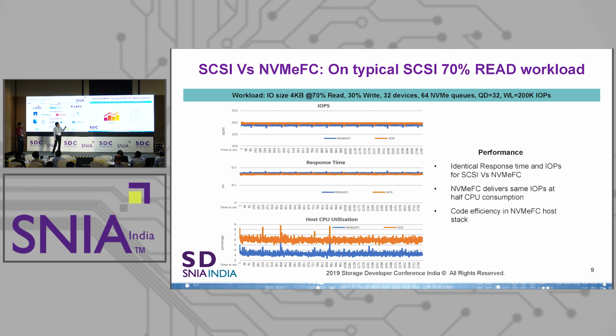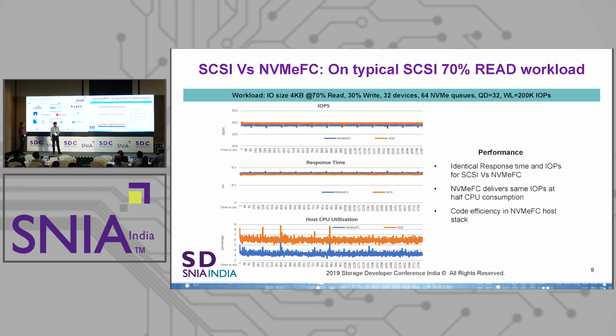In this slide I will show charts for a typical workload. We call it a typical SCSI workload because most SCSI applications run at a queue depth of 32. So with queue depth 32, we have taken the numbers for FC SCSI and NVMe. Here you can see the IOPS and response time for both FC SCSI and NVMe are similar, but the host CPU utilization is different.